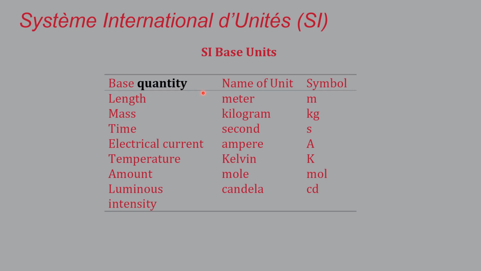It turns out that these quantities here, length, mass, time, electrical current, temperature, amount, and luminous intensity, are all that is needed to describe any quantity in our universe. Believe it or not, just those 7. More on that in a bit, because you're probably thinking there are more than 7 things to describe in the universe, and this is true.